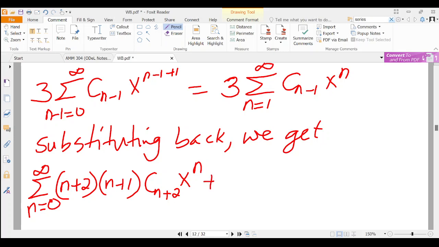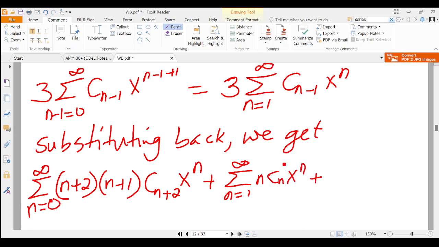The second term is not affected, so that one remains the same: summation from n is 1 to infinity, n c_n x raised to power n.